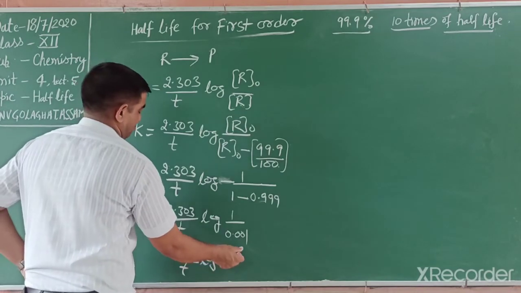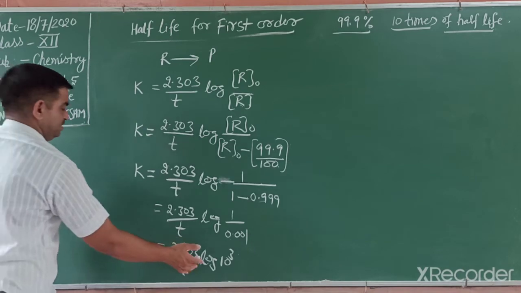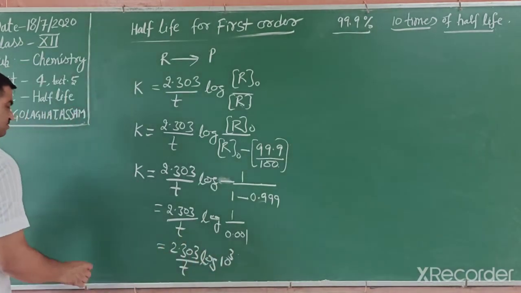So log 10 to the power 3, the overall value is 3.